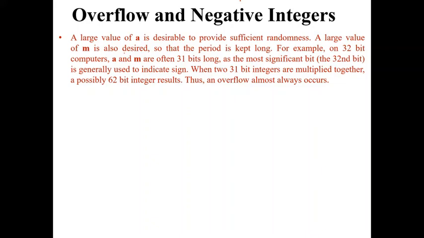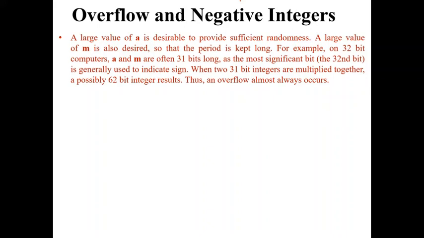So suppose we are working on 32-bit computers, or today we are generally using 64-bit or 128-bit computers. And if I'm using a 32-bit computer as an example, A and M will generally be 31 bits long because the MSB is used to indicate the sign, right? So usually the numbers, how do we store on computers?